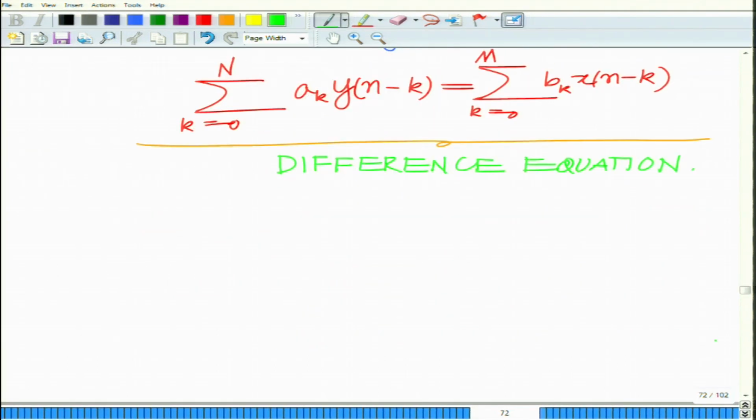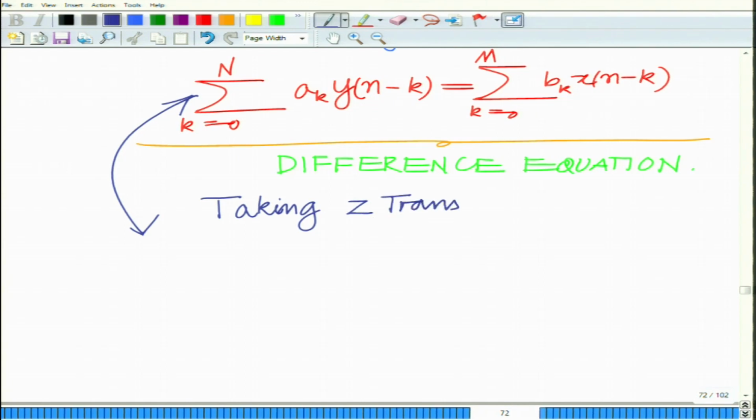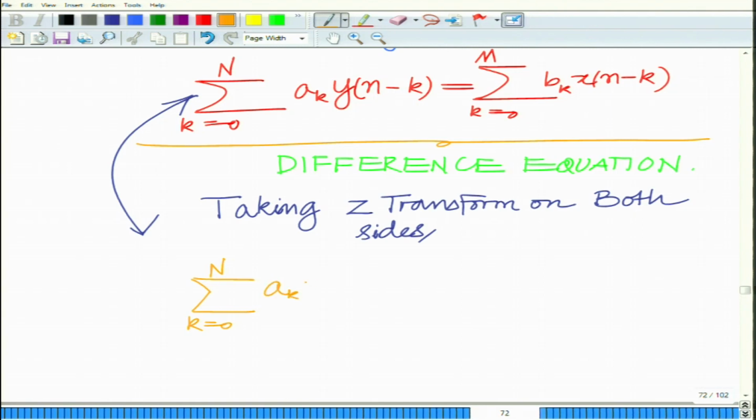Now, taking the Z transform on both sides, we have the summation over k from 0 of a_k, remember the Z transform of y[n-k], that is y[n] delayed by k, is Y(z) z^{-k}, equals the summation over k from 0 to M of b_k X(z) z^{-k}, the Z transform of x[n-k] being X(z) z^{-k}.